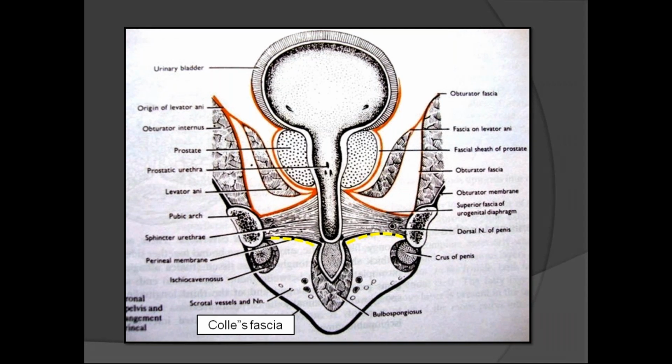The urogenital diaphragm is covered by two fascia, the superior fascia and the inferior fascia of the urogenital diaphragm. The inferior fascia is thick, otherwise called the perineal membrane. Below it is the superficial perineal pouch, above it the deep perineal pouch.